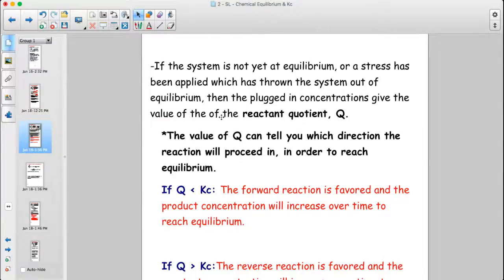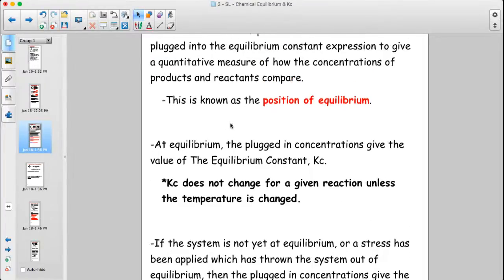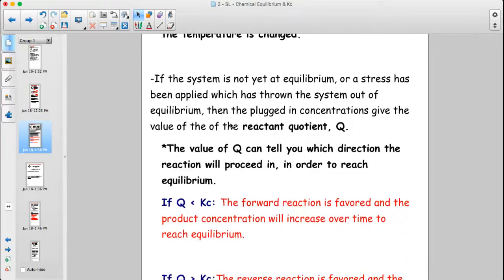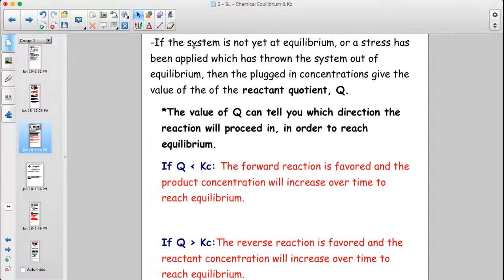So if we are plugging in concentrations and we're at equilibrium, then we are calculating Kc. If the system has not yet reached equilibrium, so we just mix stuff and it's still reacting, and the two rates don't equal each other yet, if we plug non-equilibrium concentrations into the Kc expression, we will get out a different value.